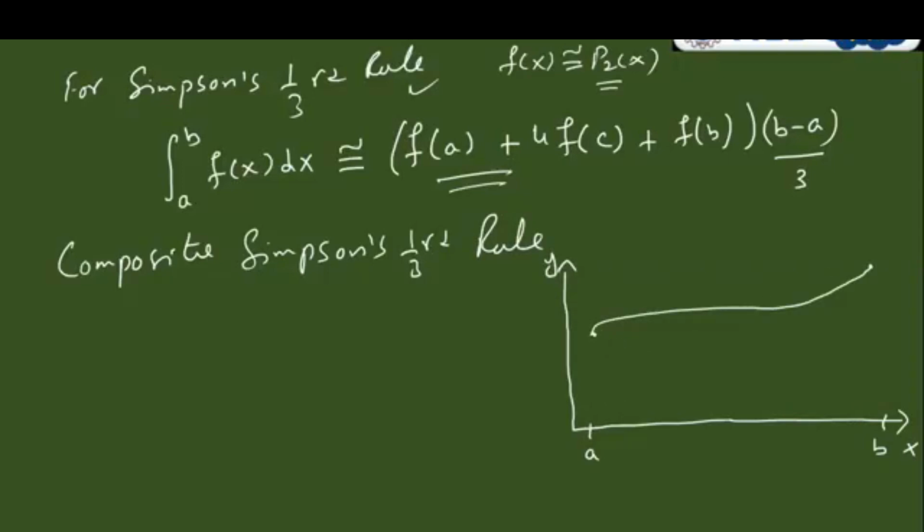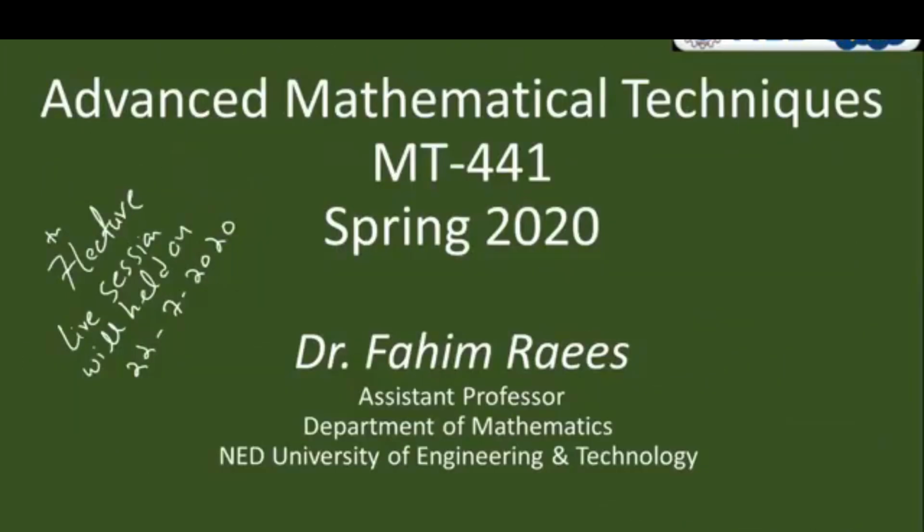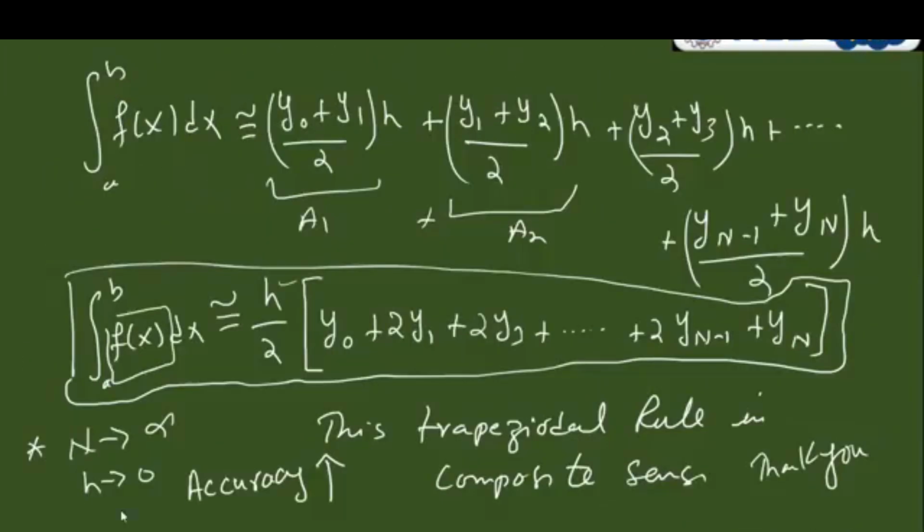Now I am dividing that domain into small pieces. You remember I used to call the first data point lower limit x naught and the last one xn. Calling it xn has a reason: I want to divide the data set into N intervals. Let me check whether I used a small n or capital N. Capital N. I use the symbol capital N.